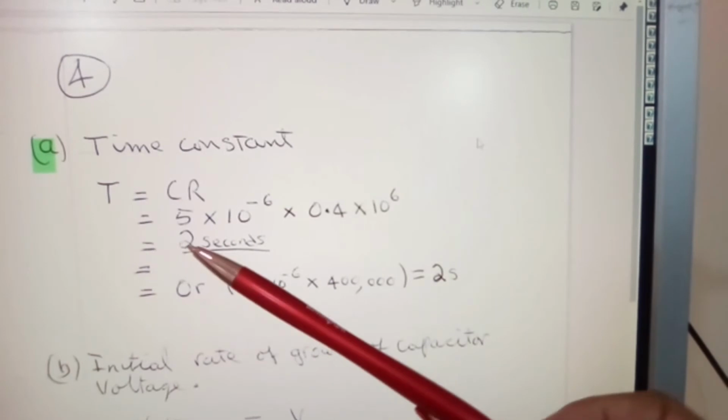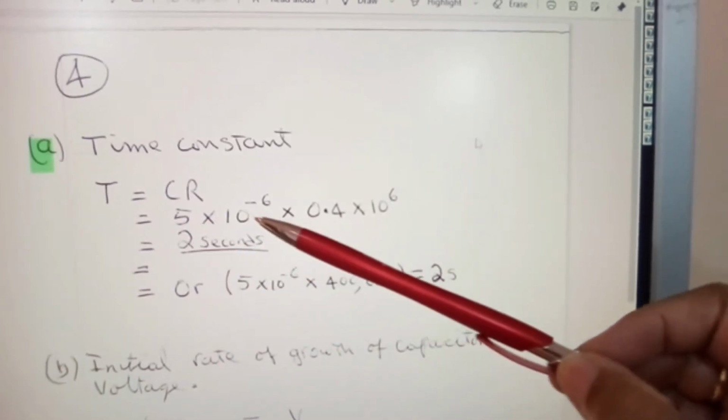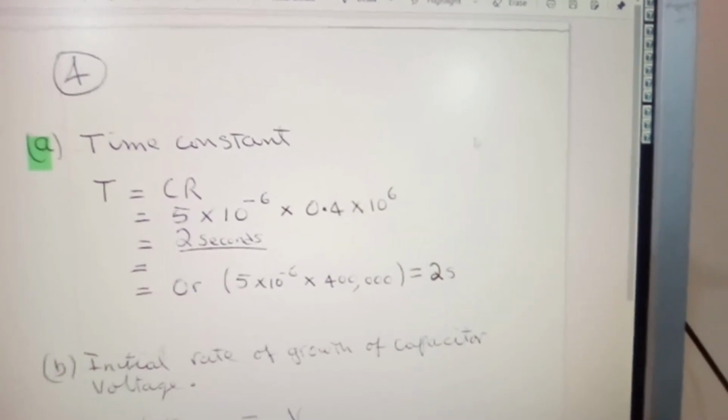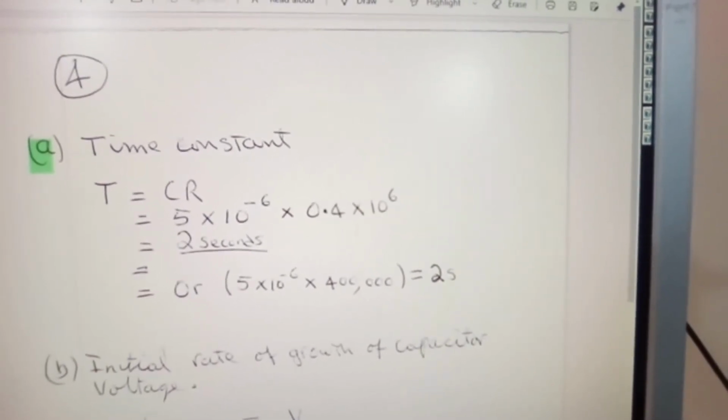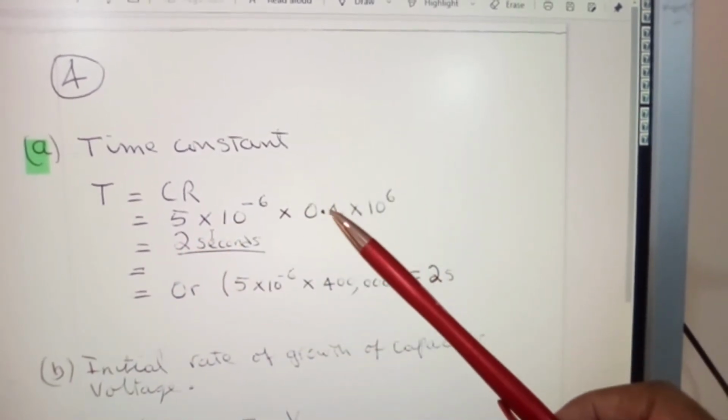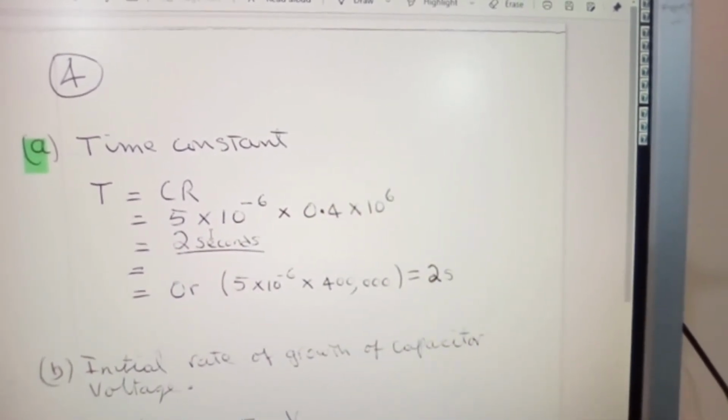Now make sure you put this into your calculator as 0.4 times 10 to the 6, because it is the value of the resistance that you're looking at. So that's the value of the capacitor, that's the value of the resistor.